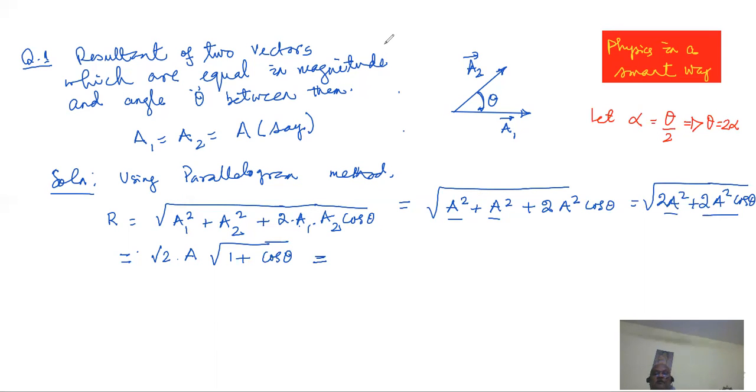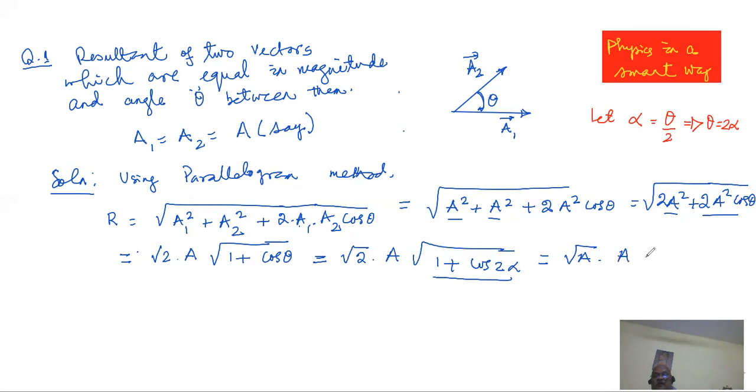You might be wondering why so, you will be clear automatically. So root 2 into A, within the square root sign we get 1 plus cos 2 alpha. There is a formula that says 1 plus cos 2 alpha is 2 cos square alpha. That you can find in your school level books.